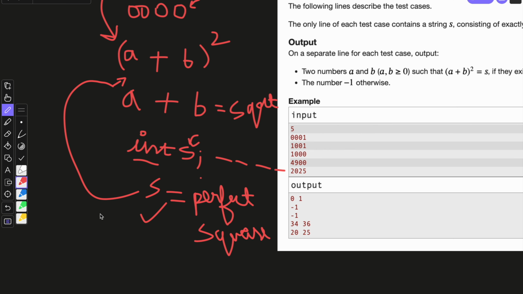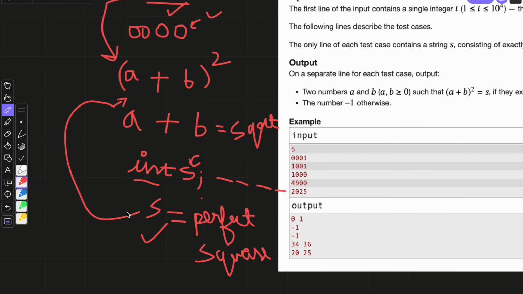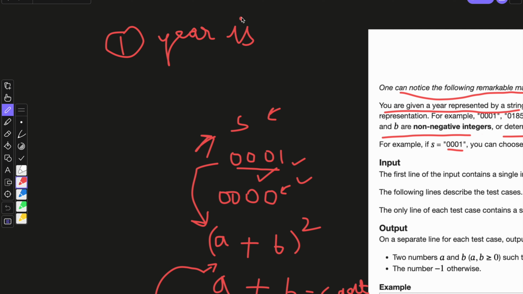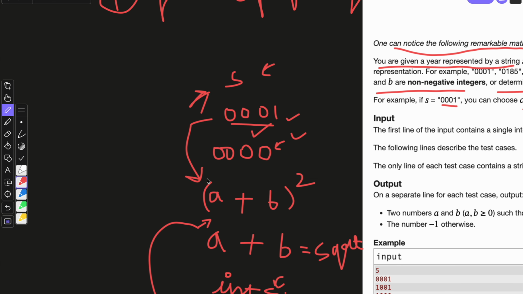Otherwise, it cannot. So the first thing we have to see is if the year is a perfect square.